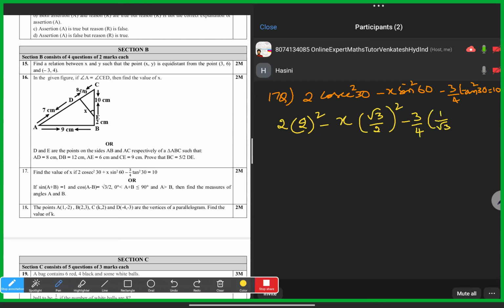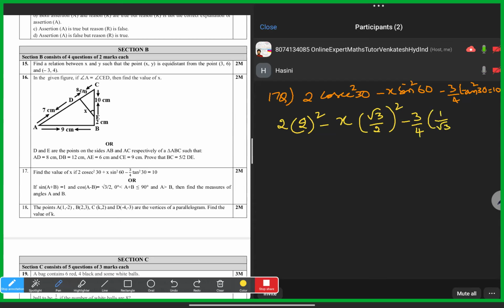If I club it directly, since all the denominators are 4, it's 32 minus 1 minus 3x over 4 is equal to 10. 32 minus 1 is how much? 31. So 31 minus 3x by 4 is equal to 10.